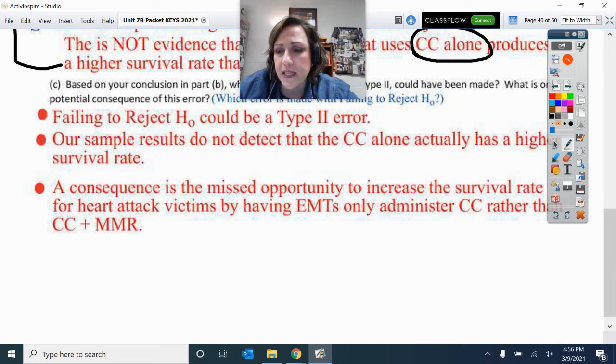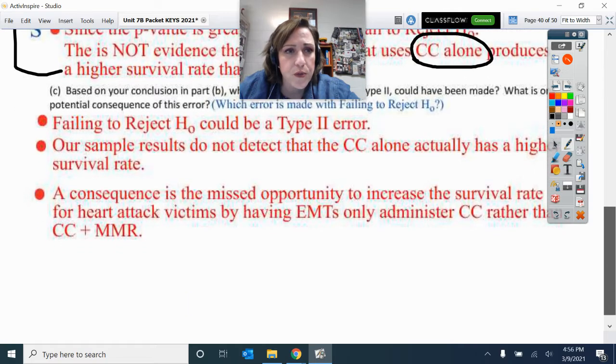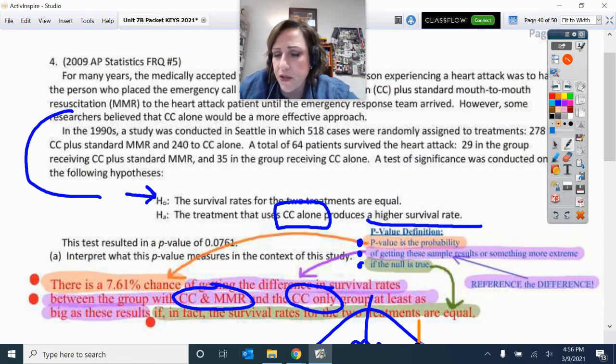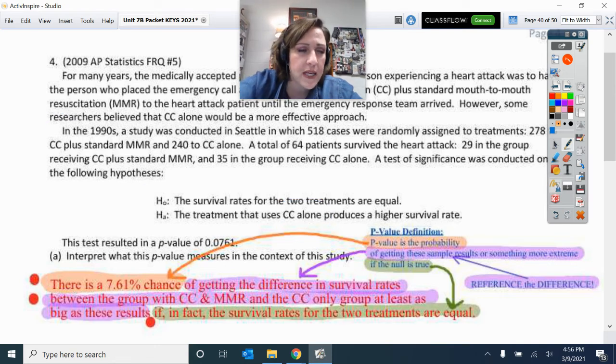Okay, so then I got to think to myself, type 2 error. Let's see, did I draw a picture of it up here? Type 2 error is that we think H0, we think this, but the reality is this.